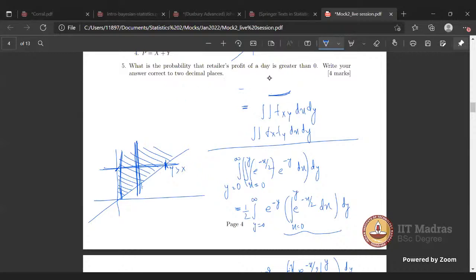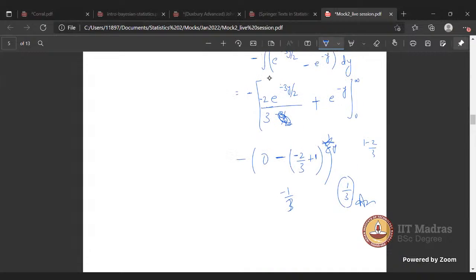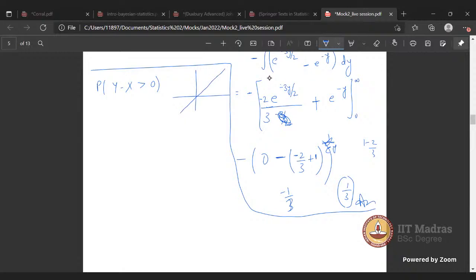So I will do it again. This is first x and then y. If I have space, okay, I will do it again. So you had to find the probability of y minus x greater than 0. Now, what is my y?